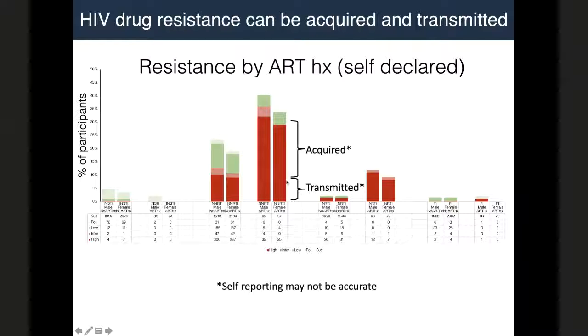It's not as simple as that, of course, because we suspect that a proportion of individuals will deny that they've had antiretroviral therapy in the past, and we think that because of the high levels of viral suppression that we observe, suggesting that individuals, even when they're saying that they're not on antiretroviral therapy, might actually be taking suppressive treatment. So you can get a feel for it, but you can't know for sure.